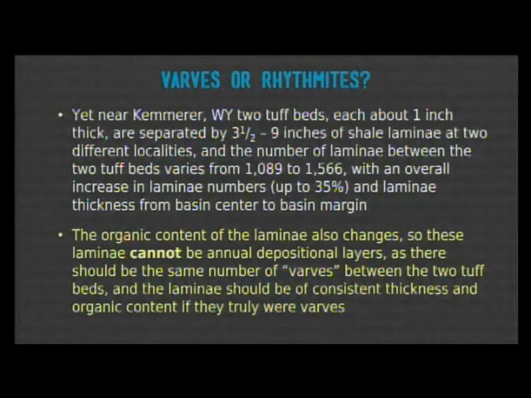So these volcanic eruptions couldn't have occurred at different times at the two locations. Therefore, these laminae can't represent varves, counting up years. The organic content also changes, and therefore they cannot be annual depositional layers. Otherwise, you would have constant thickness and constant organic content across the sedimentation basin, if they truly were varves.